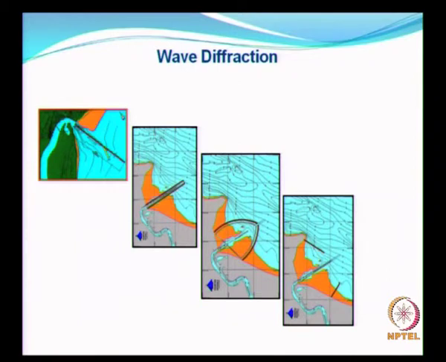This is another example showing how this diffraction calculation can be useful, particularly in the layout of harbors. For example, here we have a river mouth. Mostly the waves are coming in this direction, and sometimes the waves are coming from this direction too.